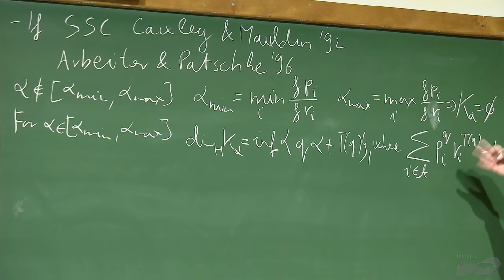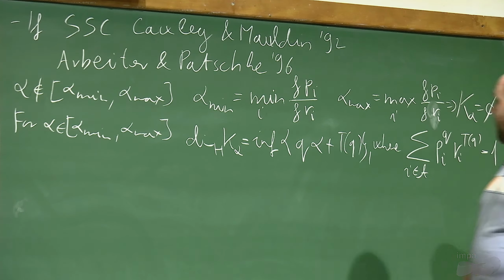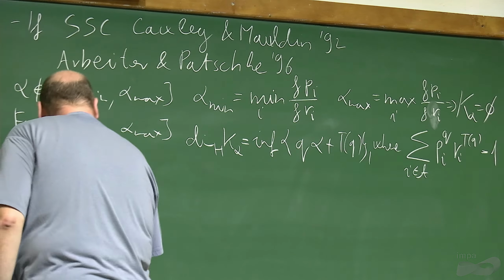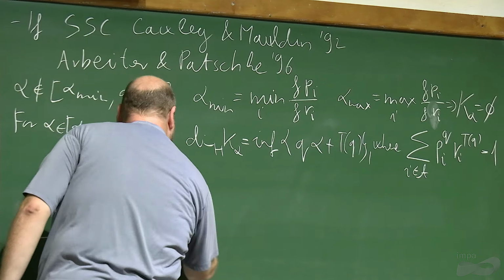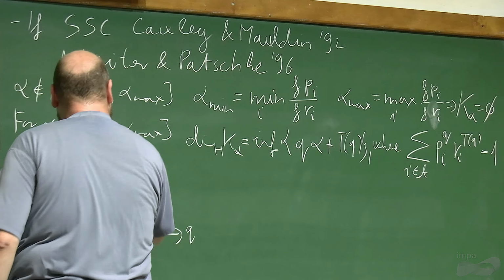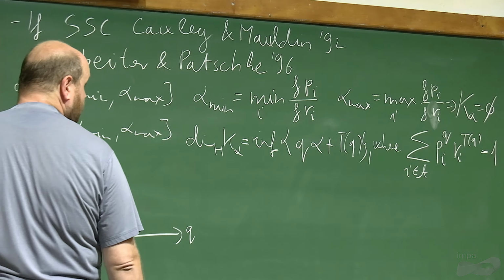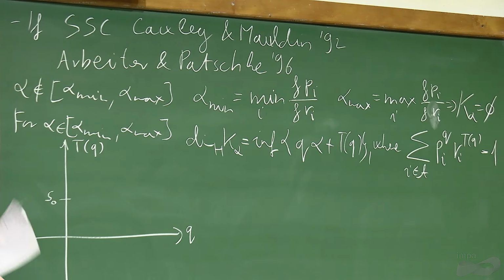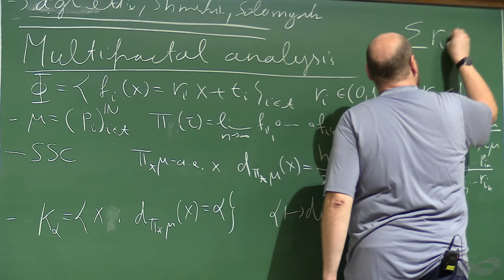Okay, so it's a certain pressure. Right, so if you want to see how this t(q) looks at 0, it is exactly s_0. Where is s_0? I should have defined it somewhere. Okay, I will define it here.